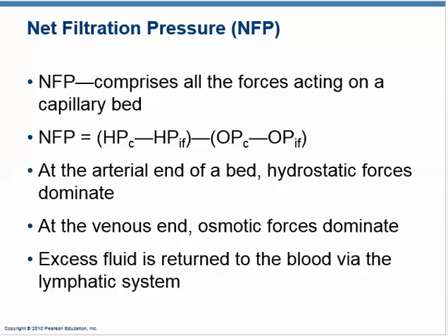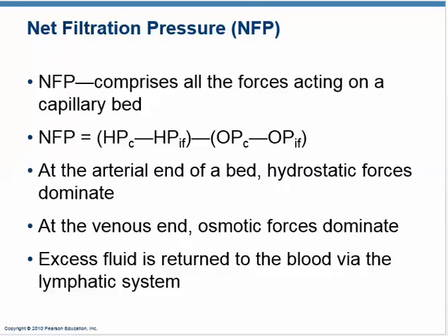So the net filtration pressure is the hydrostatic pressure of the capillaries, which at the arterial end is 35, minus the hydrostatic pressure of the interstitial fluid, which for all intents and purposes should be 0, unless you're wearing compression stockings. So that hydrostatic pressure is the force pushing out, minus the osmotic pressures, which net pull the liquid in.